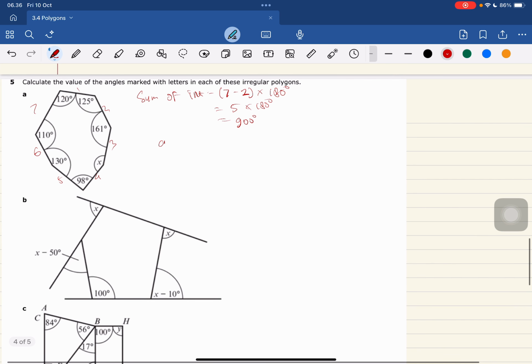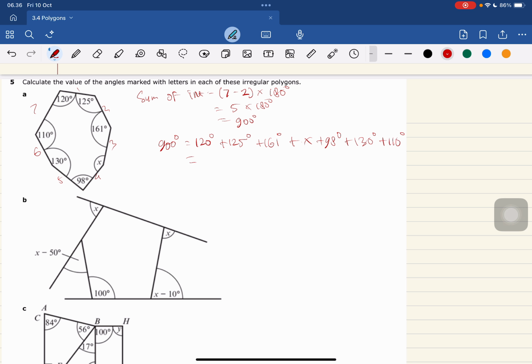The sum is 900 degrees, made from 120 plus 125 plus 161 plus x plus 98 plus 130 plus 110.